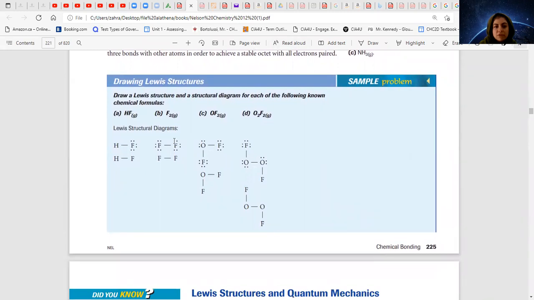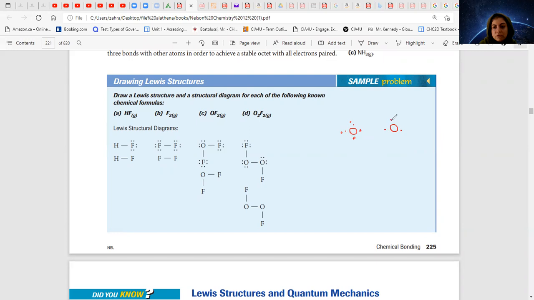So HF and F2, I believe, is it just sharing electrons? OF2, same thing. O2F2. For O2F2, oxygen, we have 1, 2, 3, 4, 5, 6 electrons, right? We have another oxygen.